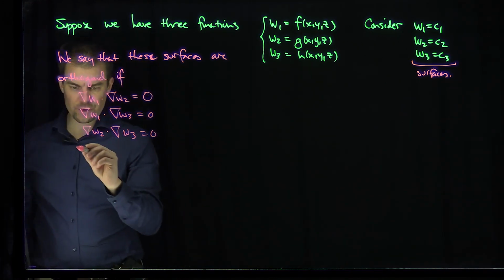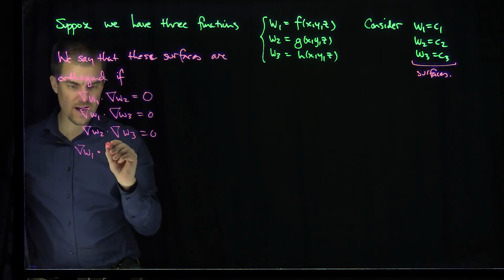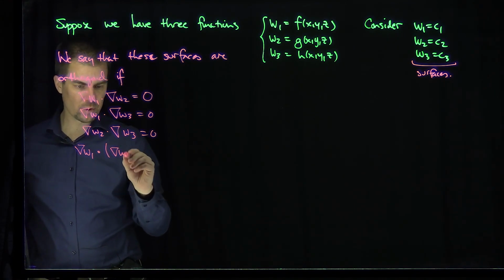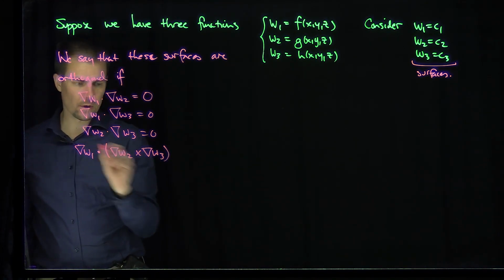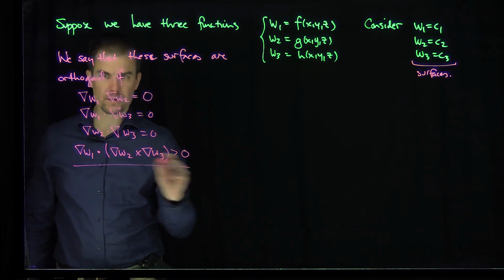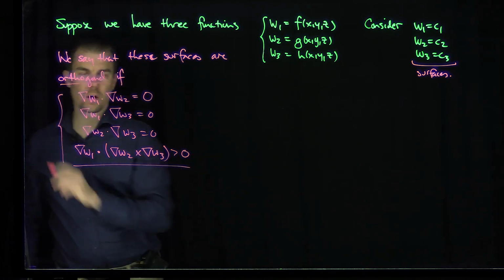And furthermore, I want them to be non-degenerate, so I want the gradient of w1 dot the gradient of w2 cross the gradient of w3 to be non-zero, or strictly positive, so it's positively oriented. So they're going to be orthogonal if these conditions are true.